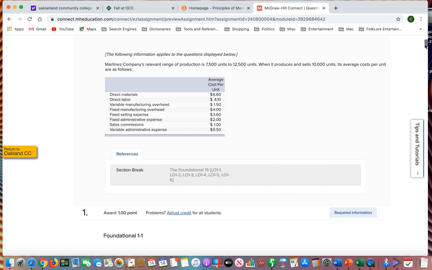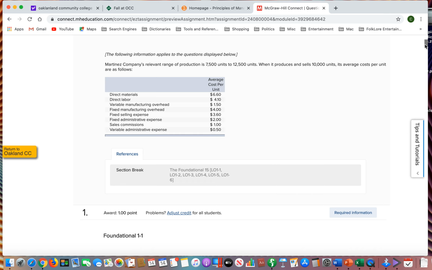Fixed manufacturing overhead, that would be $4 per unit. Fixed selling, $3.60. Fixed administrative, $2. And we have commission from sales, $1, and variable administrative is 50 cents per unit.